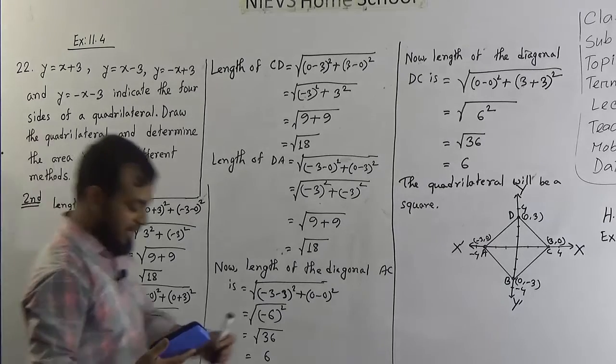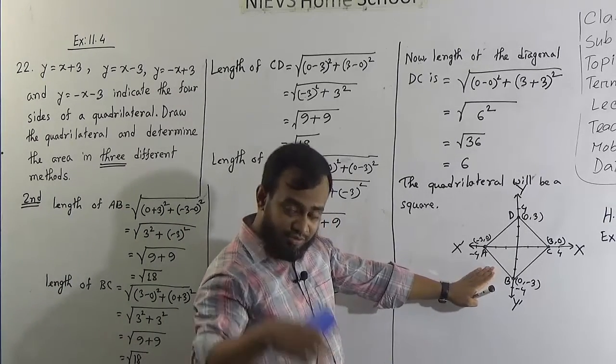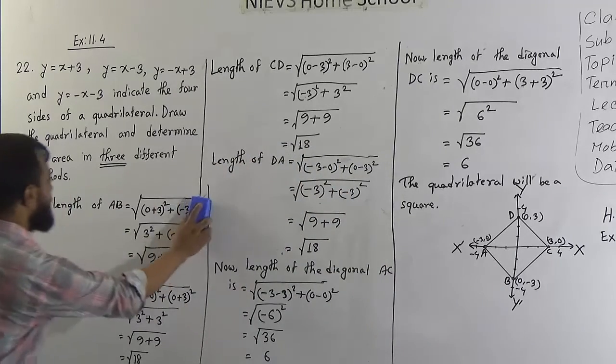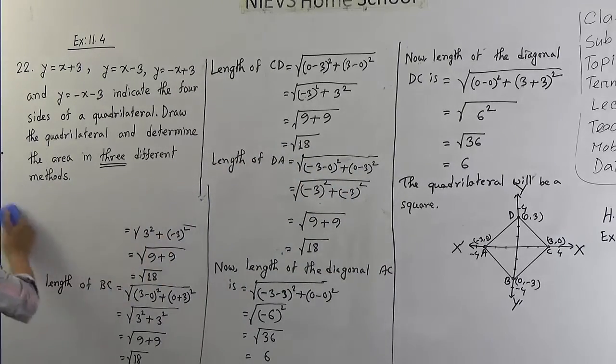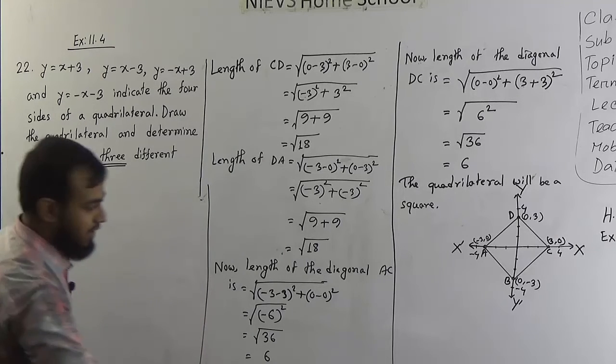That means we need to find out now the area of this quadrilateral in 3 ways. How can we find out in 3 ways? The first way will be, because it's a square, its area will be side square, okay.